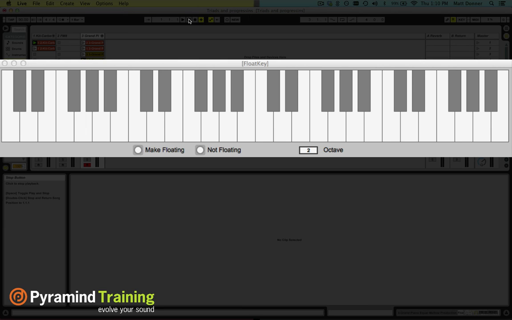You also want to think about distance and direction. We talked a little bit about direction. When you go up, things tend to rise in energy. When you go down, things tend to get down in energy. And distance is, well, if you're going up by a perfect 5th, which is a strong 5th, you're going to get a strong, uplifty, happy mood.